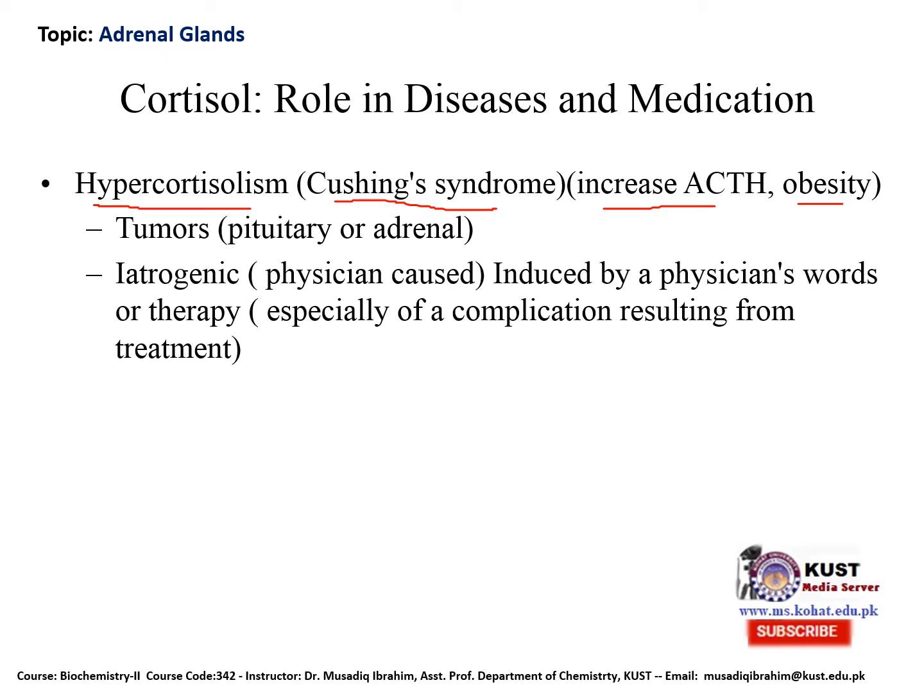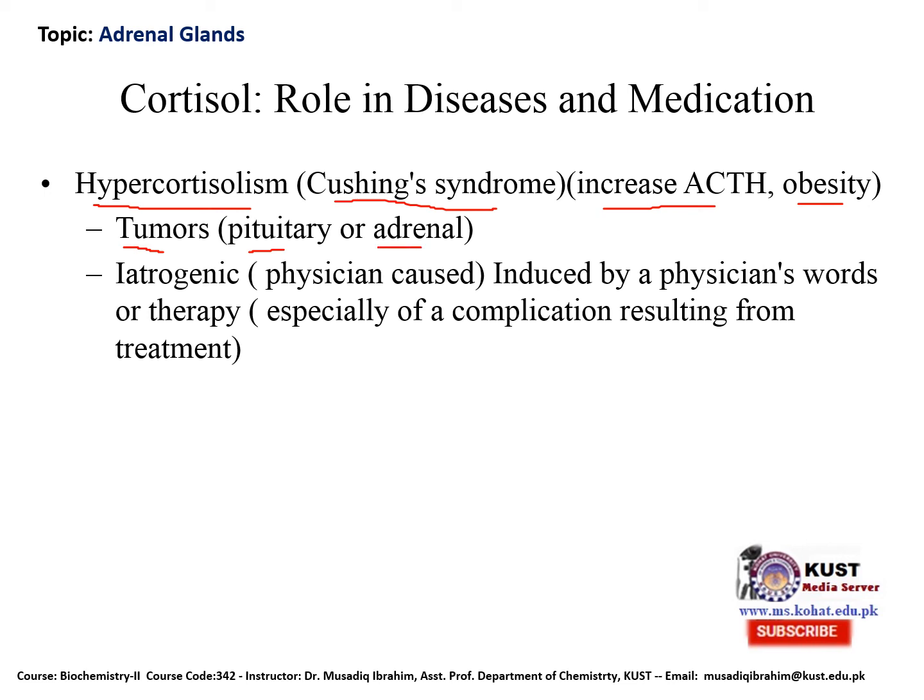Obesity is the condition of gaining weight of the human body when a person becomes more obese or fat. As a result of increased concentration of cortisol, tumors can occur in the pituitary gland as well as the adrenal gland.